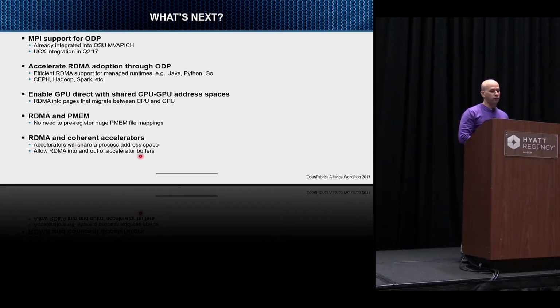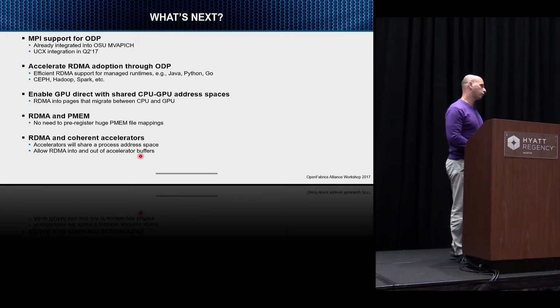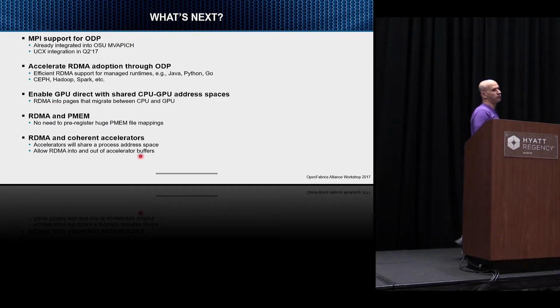Finally, we have the upcoming coherent accelerators, and we've seen in this conference the talk about CCIX and CAPI. All of these are running their accelerated applications in the same address space as the process. The advantage to that is clear. It's exactly like the GPU case.